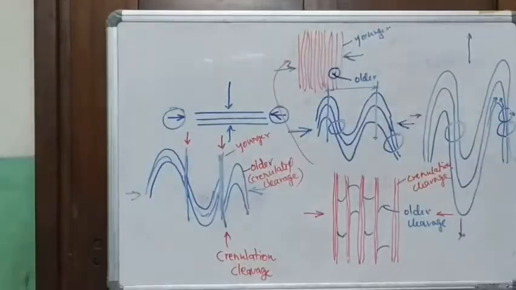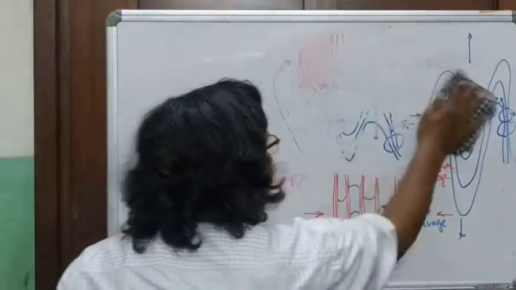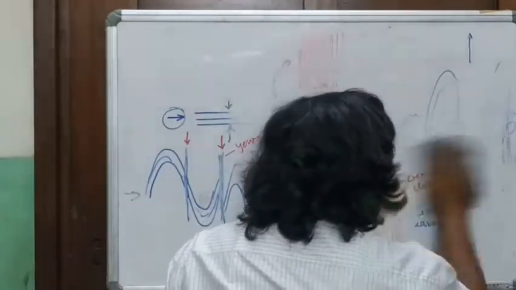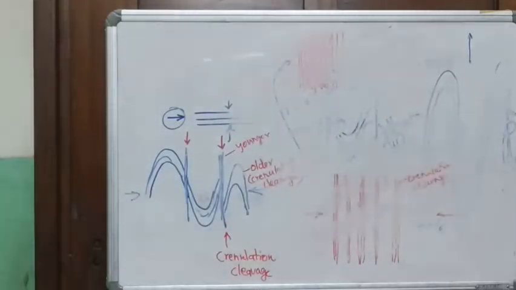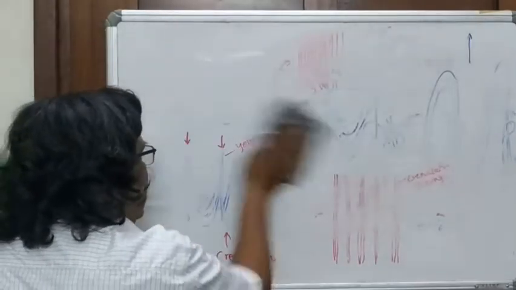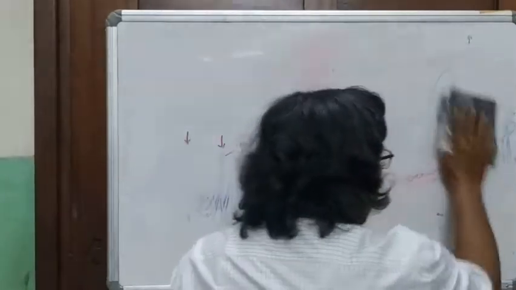Now we come to another important issue. We understand now that different fabrics can be identified in a rock, and these different fabrics give you an idea of time relationship in a rock on a relative scale, not on an absolute scale.